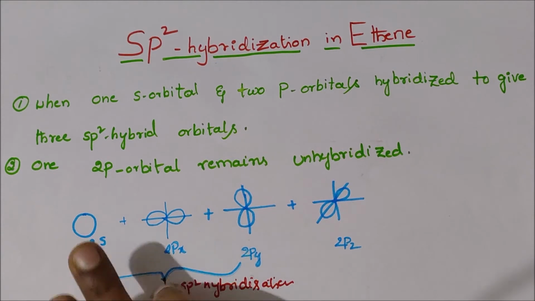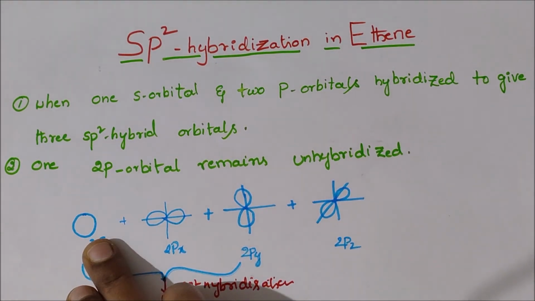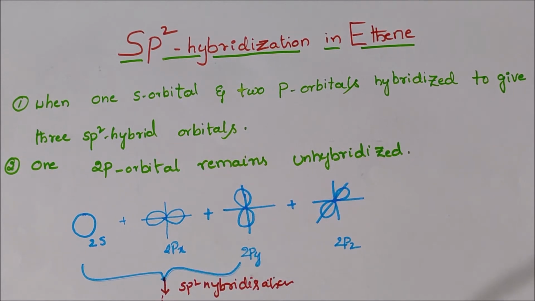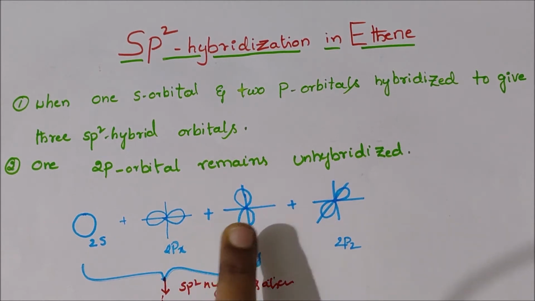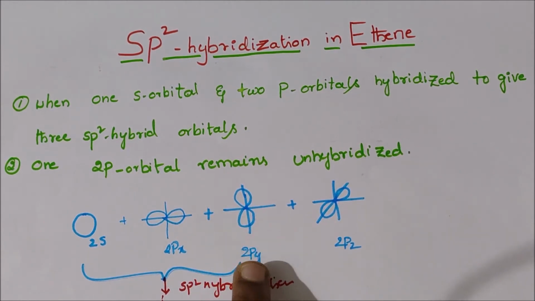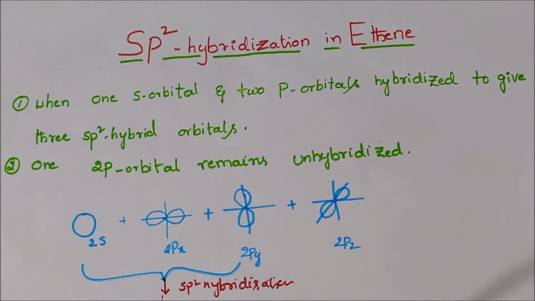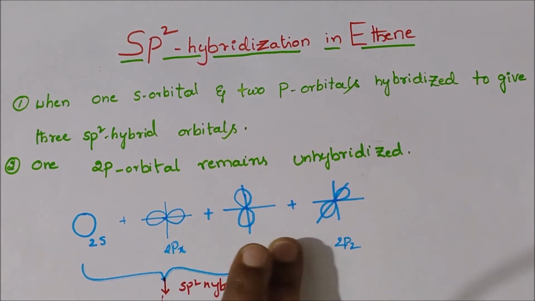Here the s orbital is spherical in shape and the p orbitals are dumbbell shaped. The p orbital along the x-axis is called the 2px orbital, along the y-axis the 2py orbital, and along the z-axis the 2pz orbital. These are the p orbitals.